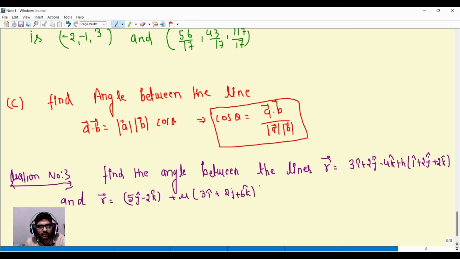Now, this is the concept of lines, and the given concept is about vectors. So how are we going to find these vectors from the lines? We can say that these vectors are this.